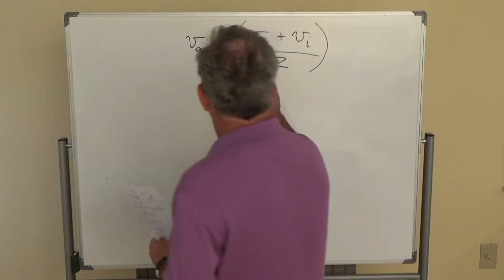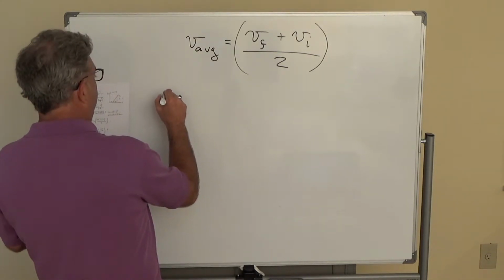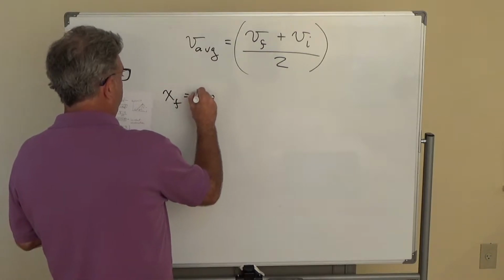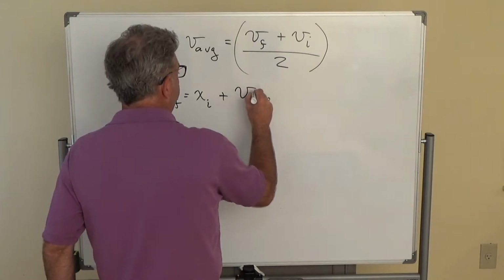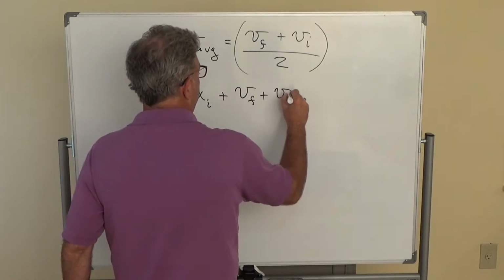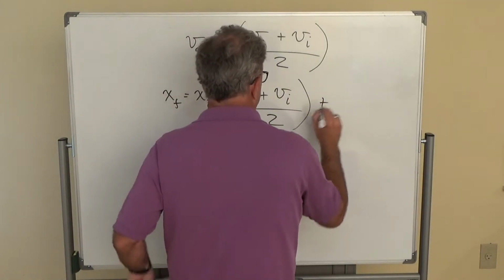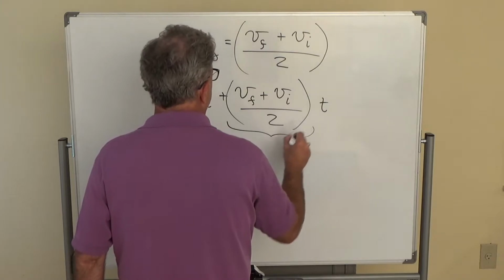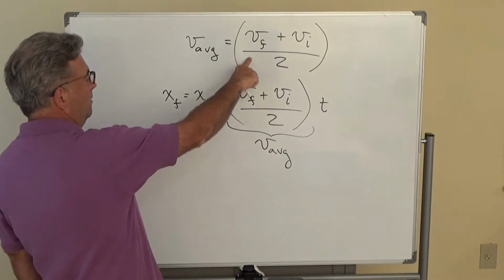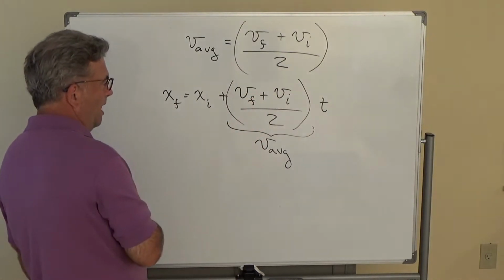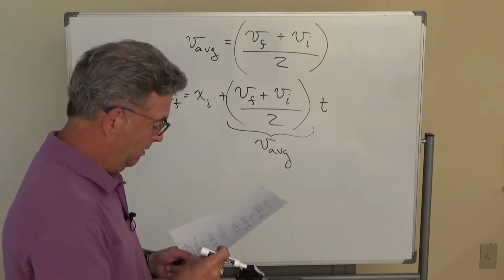So using this in the other equation that we had, you get x final is equal to x initial plus the average velocity, v final plus v initial divided by 2, times t. Remember, this is v average. I'm just substituting this in from what we had previously.